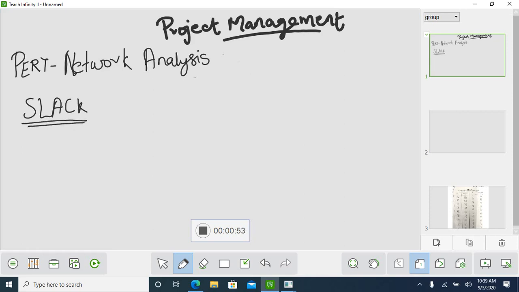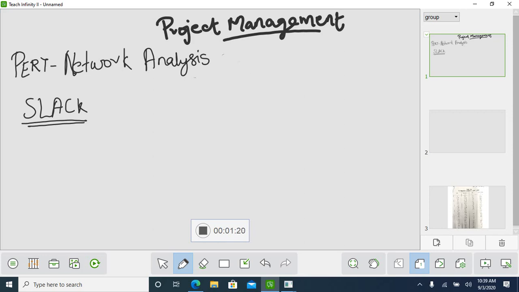In the previous chapter, we computed two important times for an event. You all know what the two important times are? That is the earliest expected time and the latest allowable occurrence time, that is TE and TL. The difference between the two times of an activity indicates the range within which the occurrence time of an event can vary.